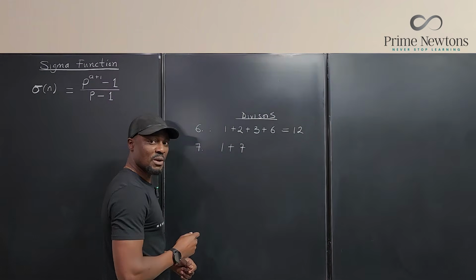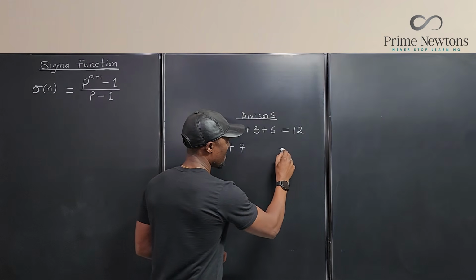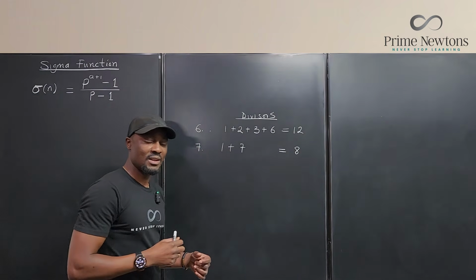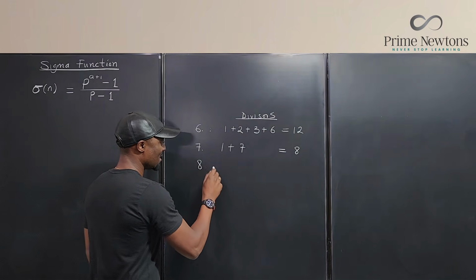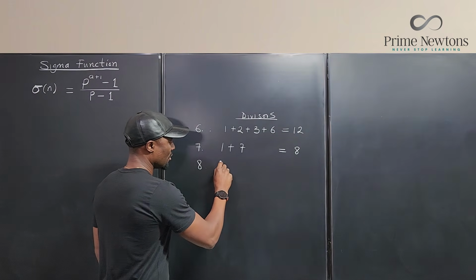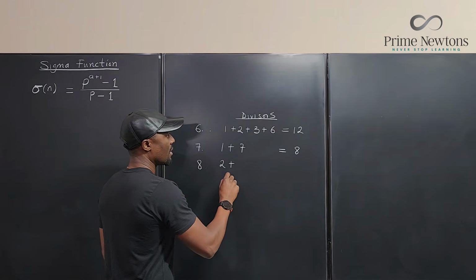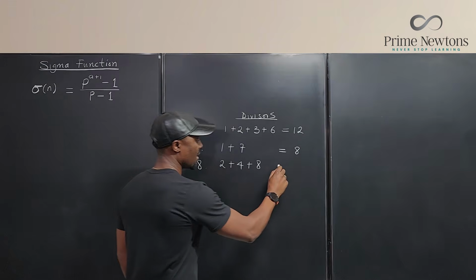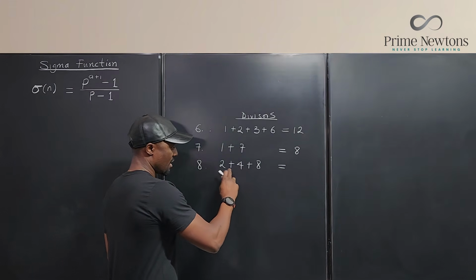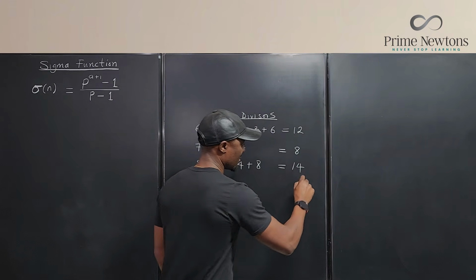Those are the only two numbers. So we end up with 8. Okay, that's not hard. What about 8? We know that 8 is basically 1, 2, 4 also divides 8. We know 8 also divides 8. So this gives us 15. Still easy.